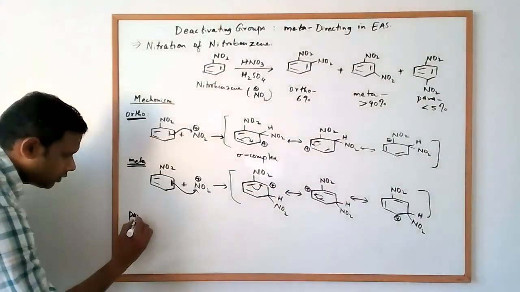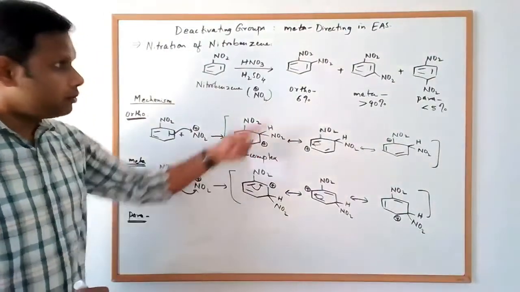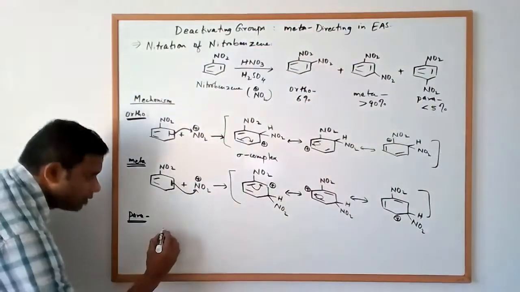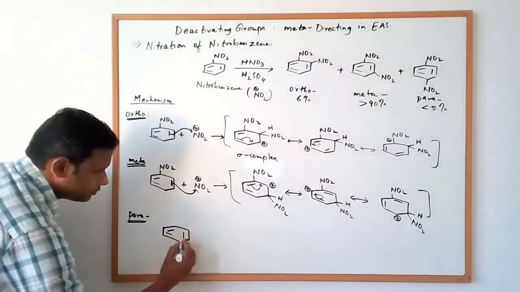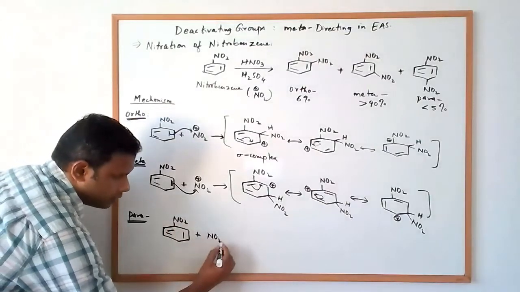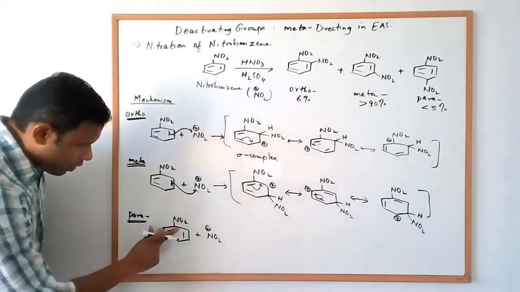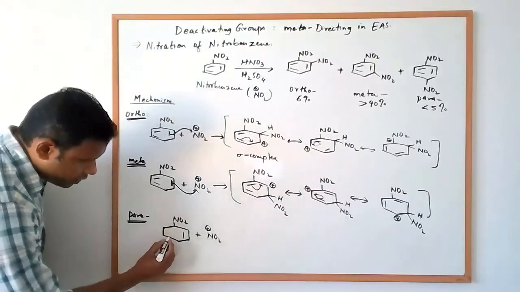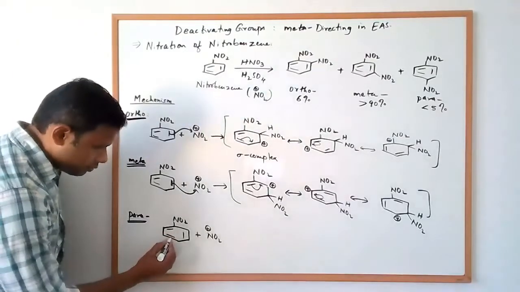And finally, we can write the resonance forms that lead to the formation of the para product. So we start with nitrobenzene again. It attacks the nitronium ion. And since we are working on a para product here, we're going to use a pi bond that involves the para carbon.